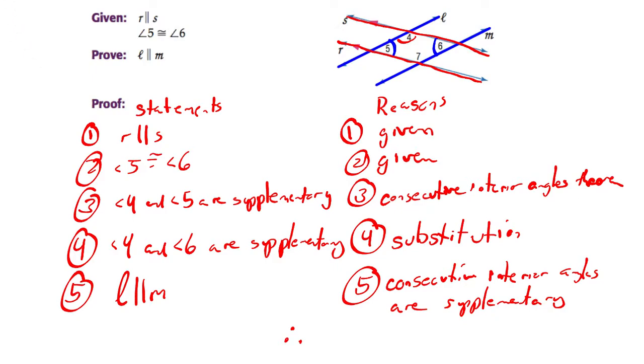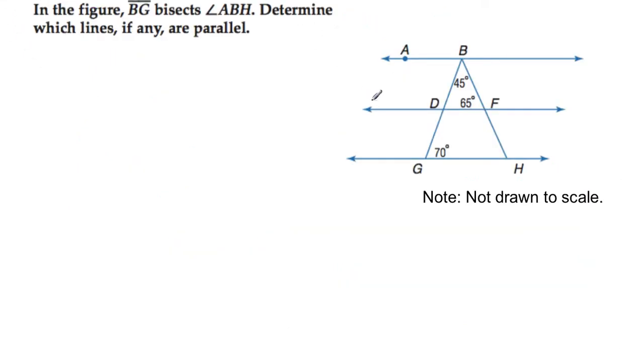We're going to be getting a lot more practice with proofs, but we can also have, not proofs, some algebraic maneuvers. So here in the figure, BG, right there, is going to bisect angle ABH. Bisect means cut in half.